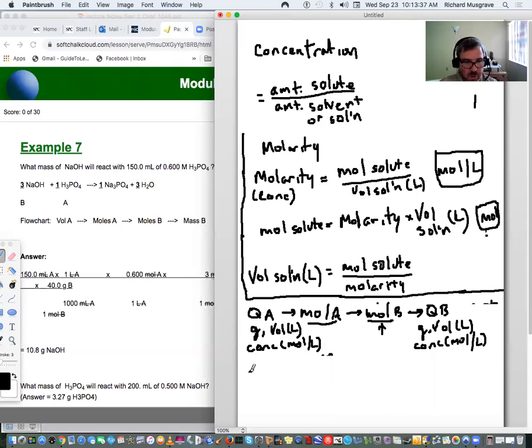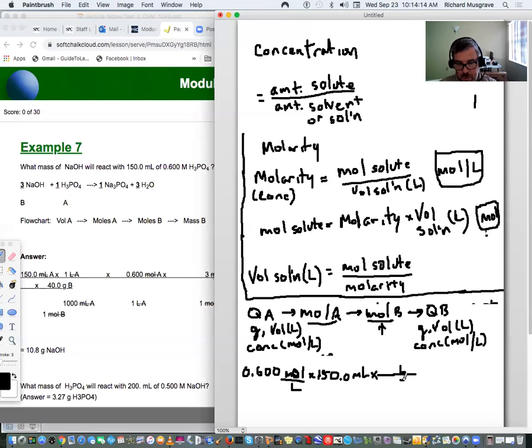All right, so we've got our volume and the concentration. I'll go ahead and start with the concentration. So 0.600 moles per liter times the volume, 150.0 mils. Now this will allow us to get to moles if I do a conversion here.